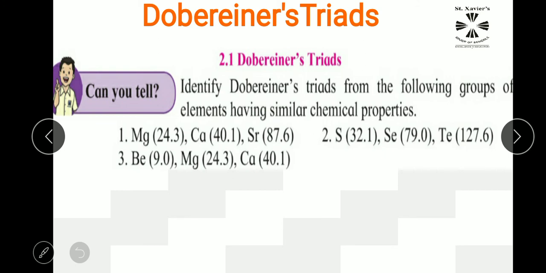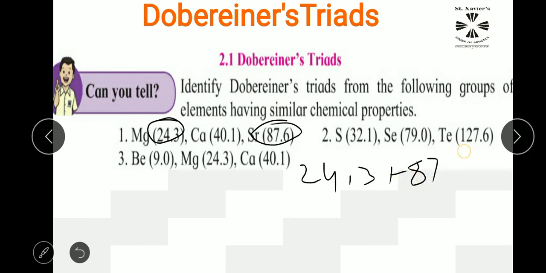Here we'll take the first and last: 24.3 plus 87.6, upon 2.